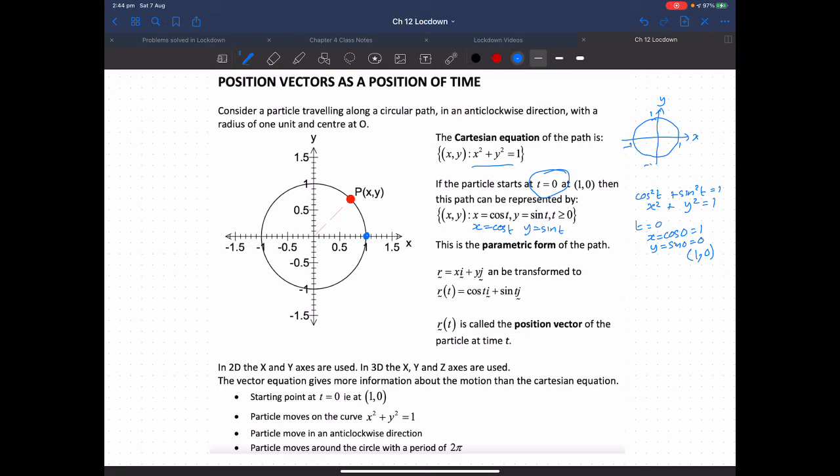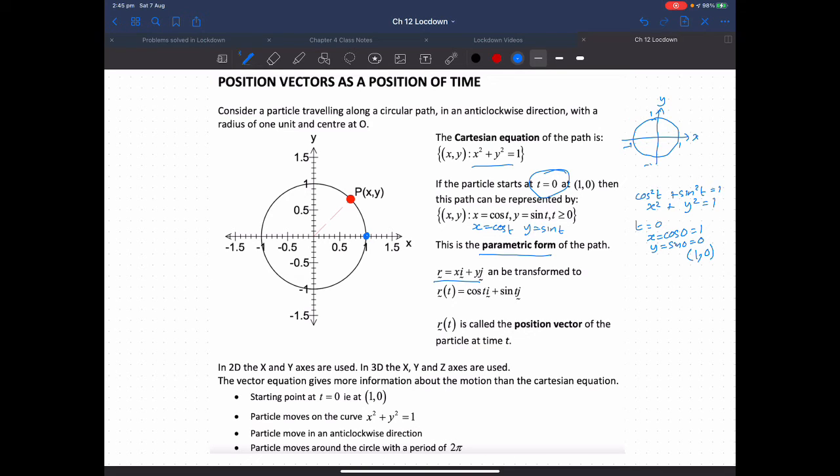So we can write down the parametric equation by using our position vector formula. Position vector equals the x ordinate times the i unit vector plus the y ordinate times the j unit vector.